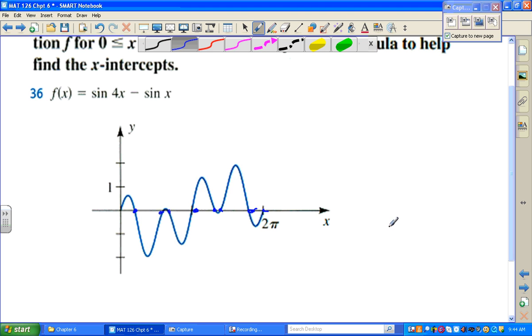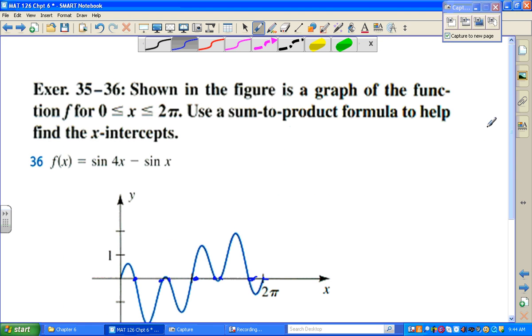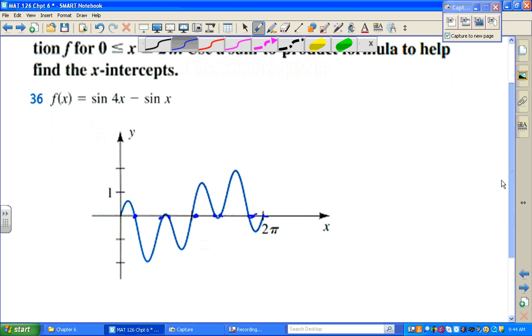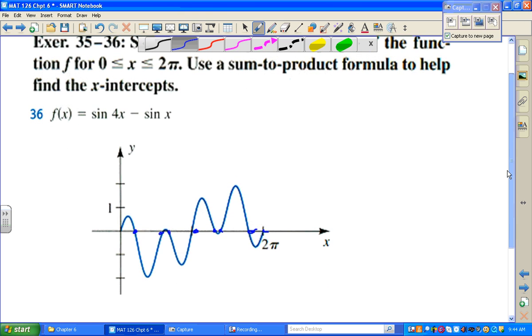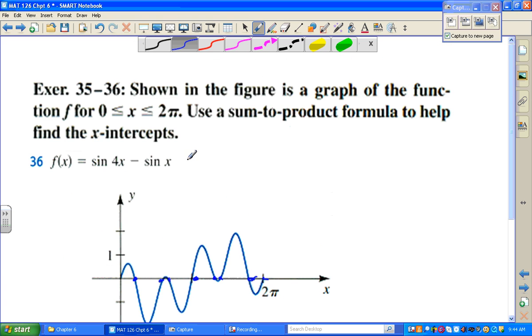All right, so that takes care of that one. Oh, well, look, that's the last one. How do you put it in your calculator? Sine of 4x minus sine of x. There you go.